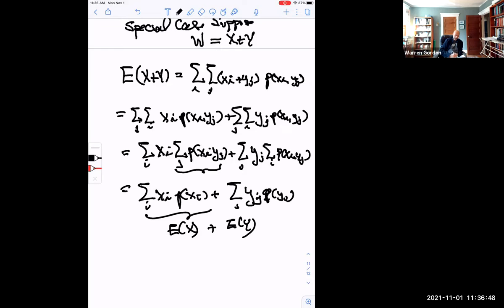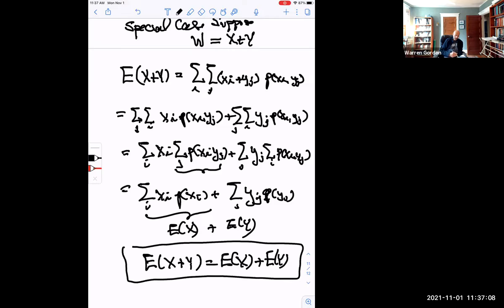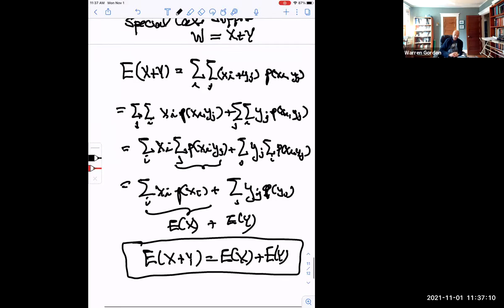So I've just proven, using this extended definition of expectation, that E of x plus y is equal to E of x plus E of y. I promised to prove that to you a couple of sections ago. That's one neat result.